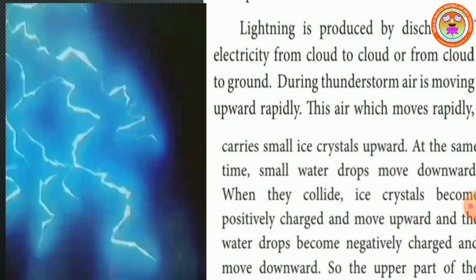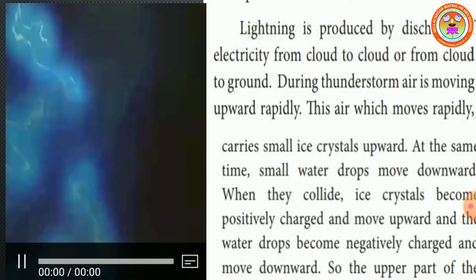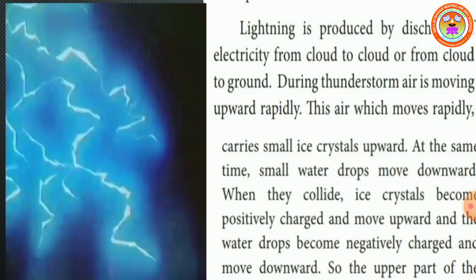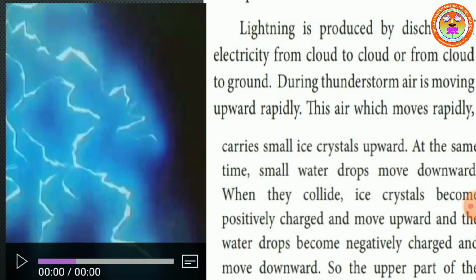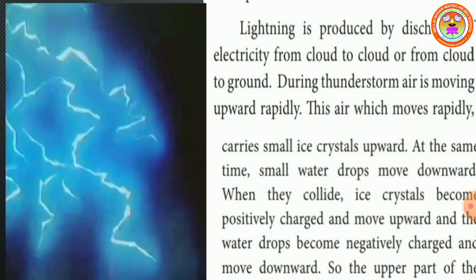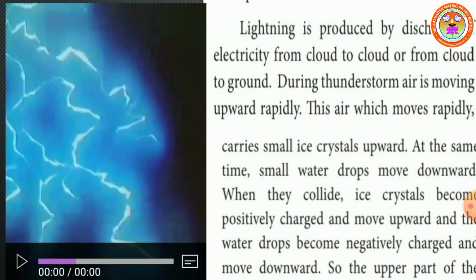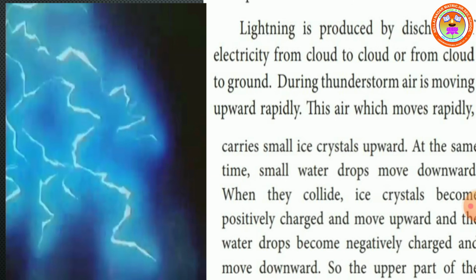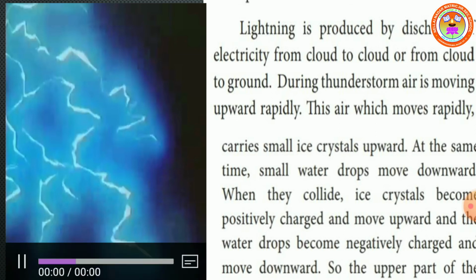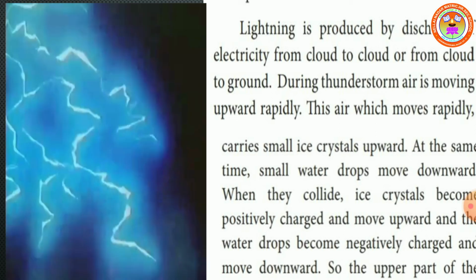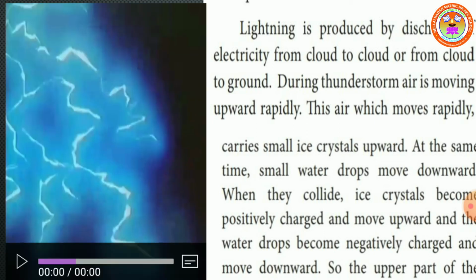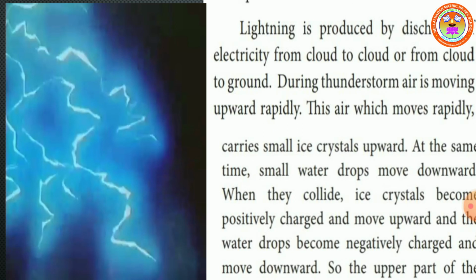During a thunderstorm, air is moving upward rapidly. This air, which moves rapidly, carries small ice crystals upward. At the same time, small water drops move downwards.